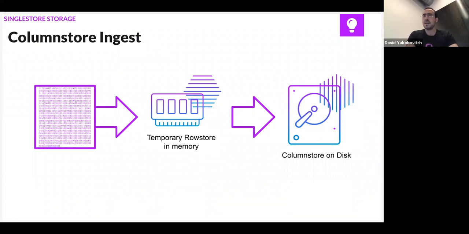Then as that data overflows, it is asynchronously moved into column stores, which house larger amounts of data. Think of batch data queries, these overnight workloads that you still want to have access to, but not always in real time. So they move into these column stores on disk. And then that's step 2 of our 3-tier storage system.